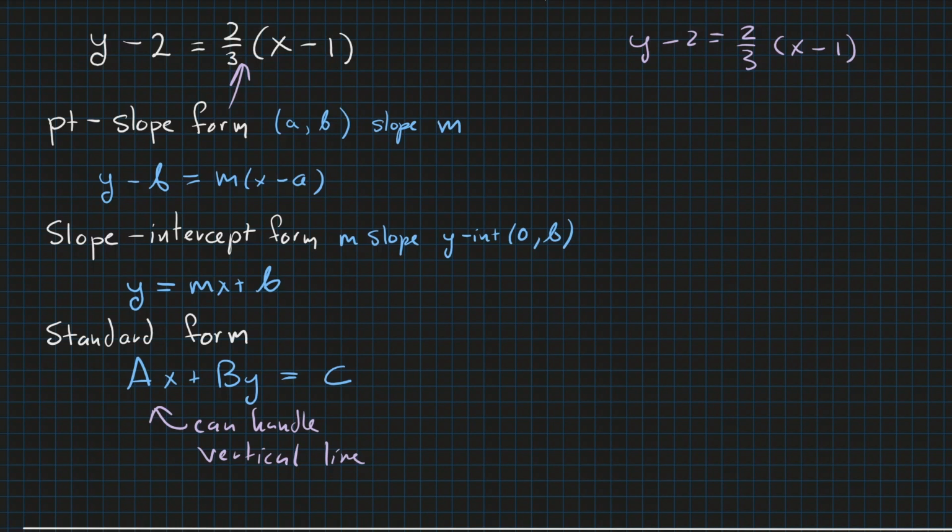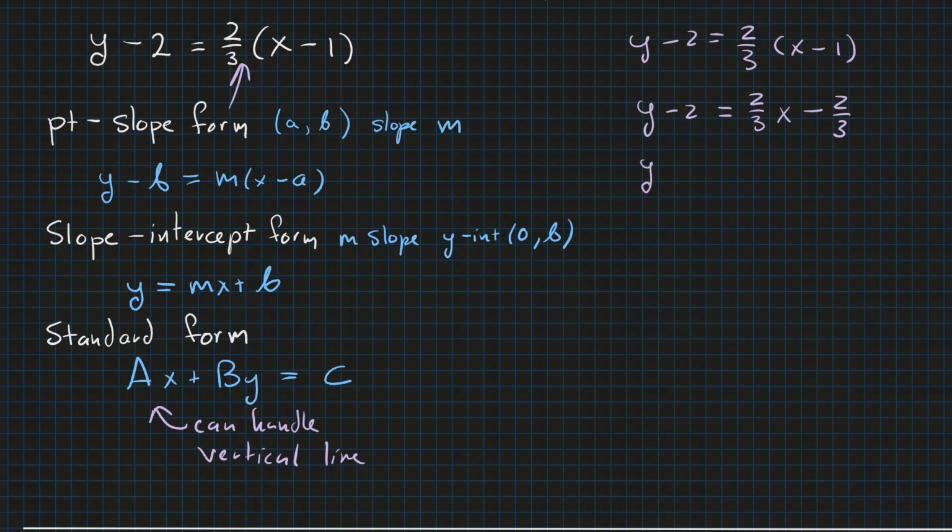So the first thing I'm going to do is distribute that 2/3, our slope there. So we have y minus 2 is equal to 2/3 x minus 2/3. So just be very careful with the distribution. That is a very common mistake, particularly when the slope is negative, because it gets that double negative in there. Now, the slope-intercept form has a y by itself. So I'm going to add 2 to both sides.